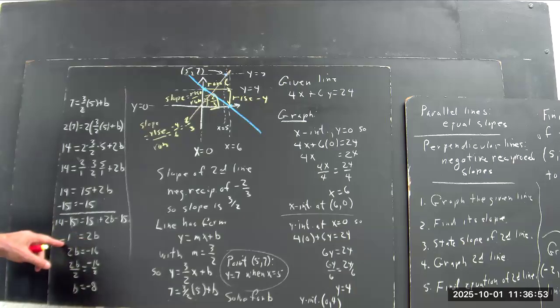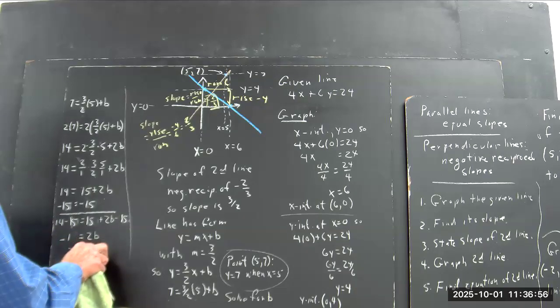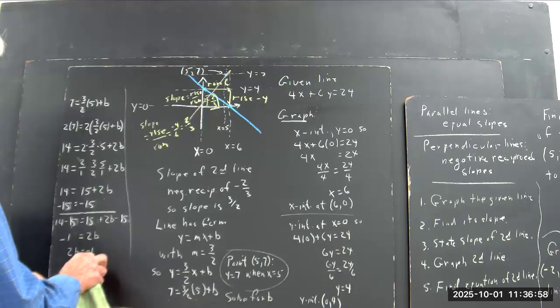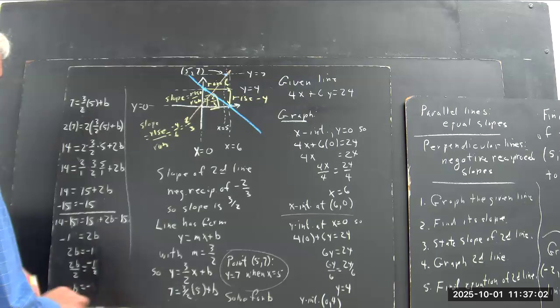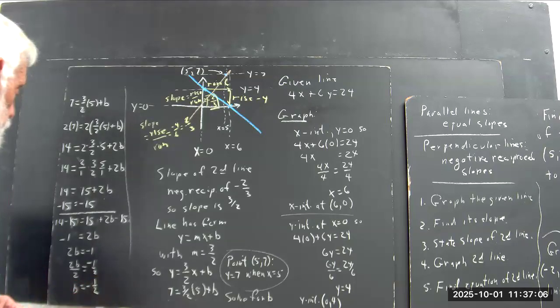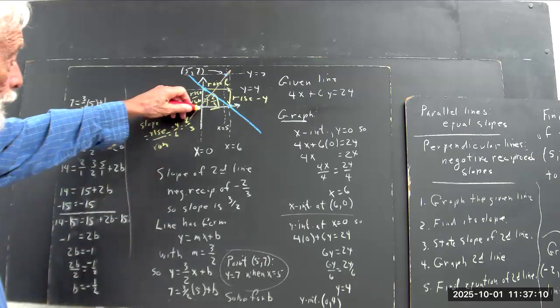Now 2b equals -1, and b equals -1/2. So now I know my y-intercept is down here.